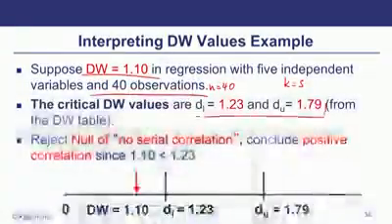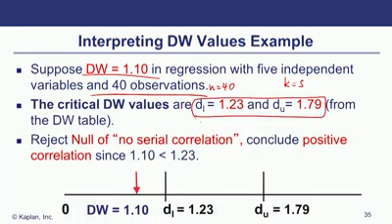You'll have to go to the right, find the 5th column, which represents the number of independent variables equal to 5, then go down to the 40th level, which is the sample size 40, and hopefully you will find the pair of critical Durbin values as 1.23, 1.79.